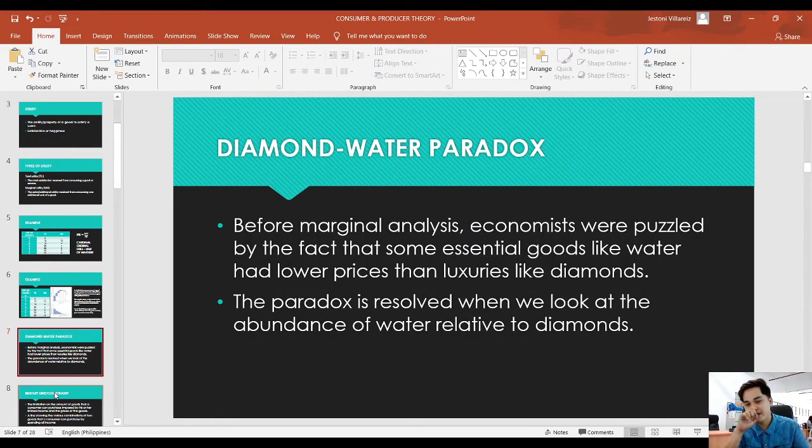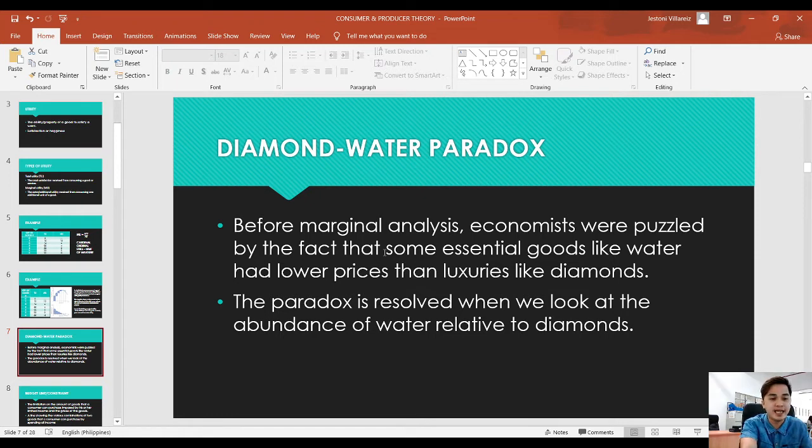Alright, next. I'm not sure if you have heard of this paradox, the diamond-water paradox. Economists are puzzled by this. Why is diamond more valued compared to water, when water is a necessity?